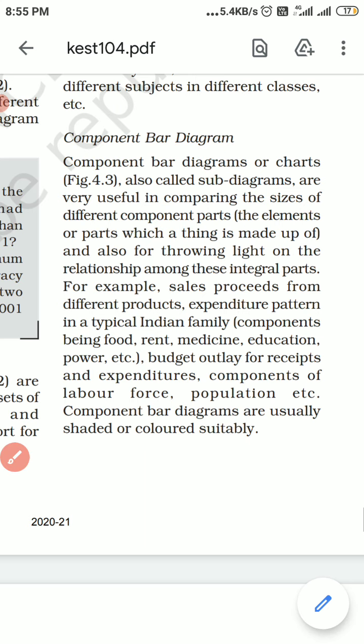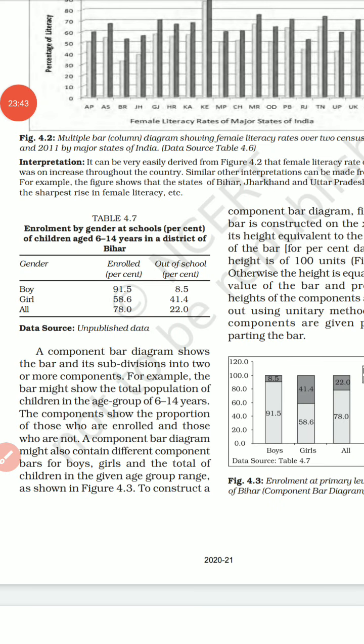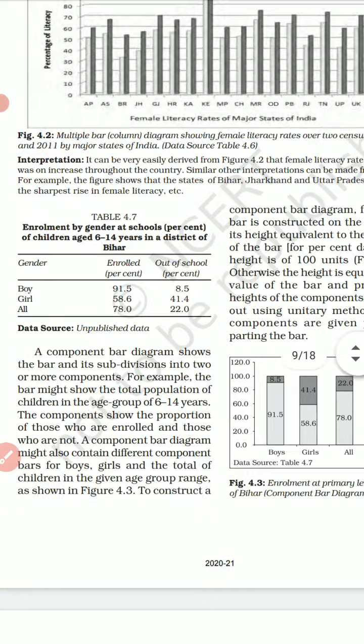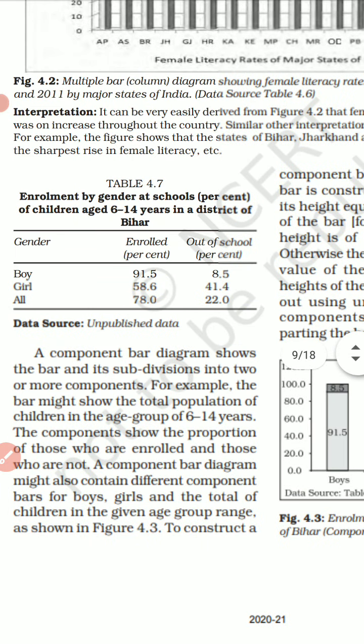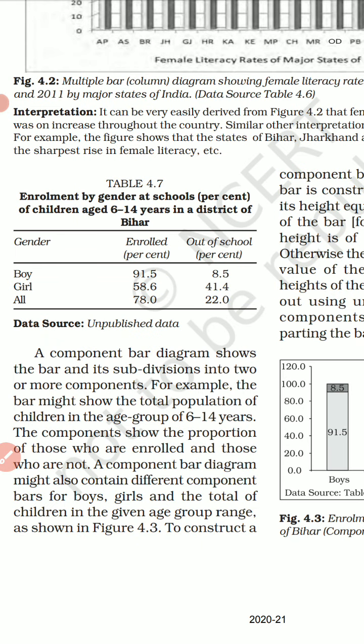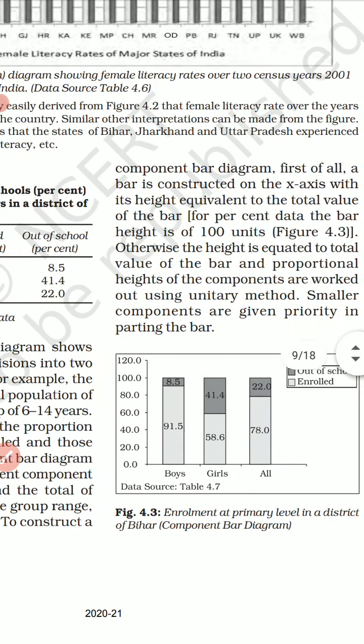Now you can see different components. First you should look into the table. Boy, girl, enrolled, out of school. Now you see the diagram.